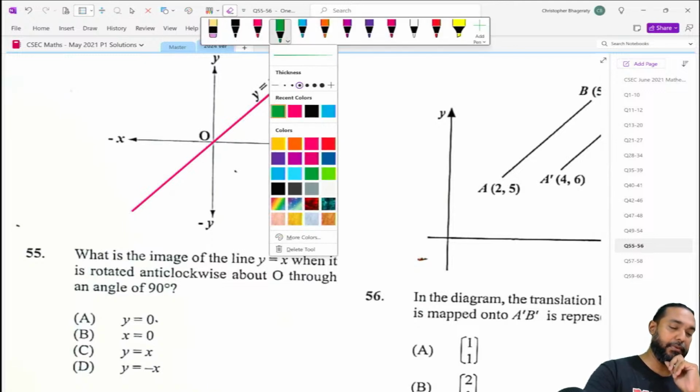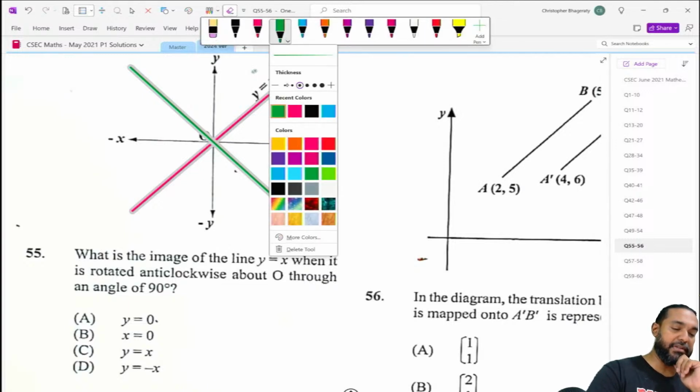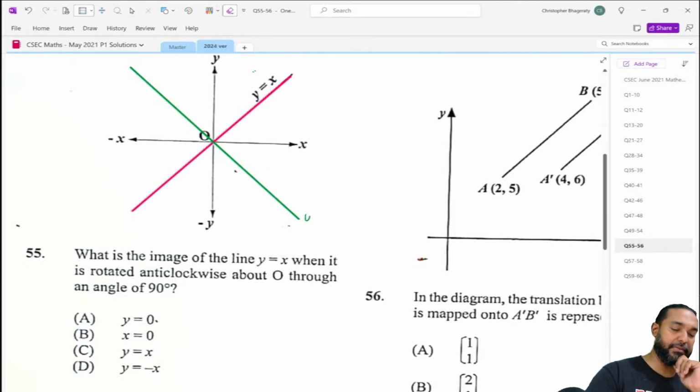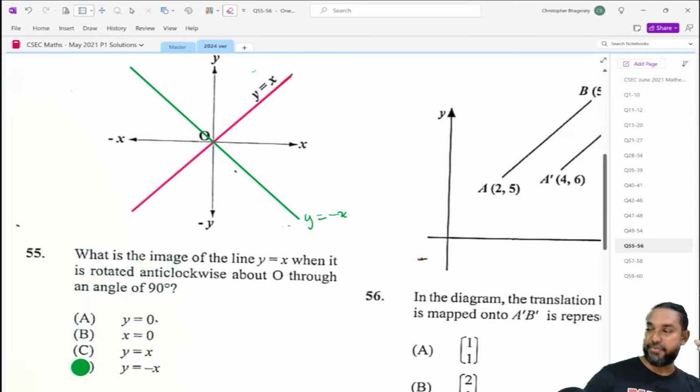If you rotate it 90 degrees anti-clockwise, it'll come about here, and that is the line y equal to minus x. So 55 is D.